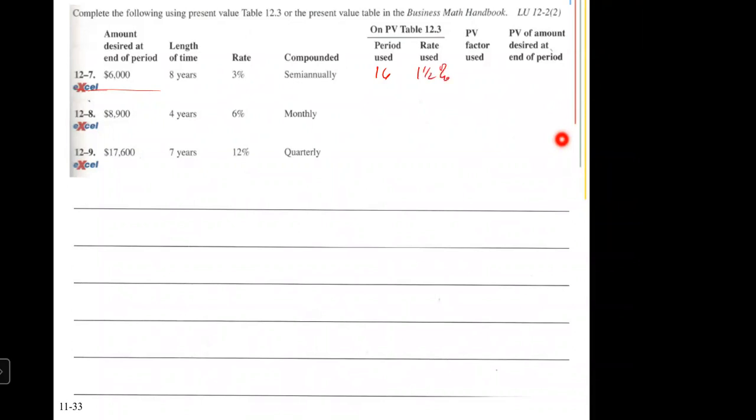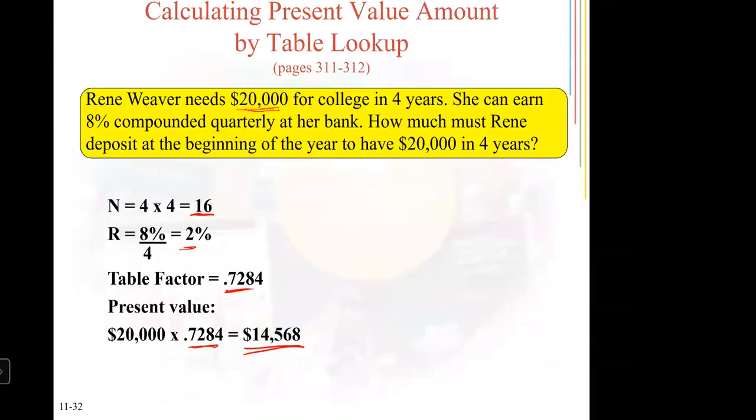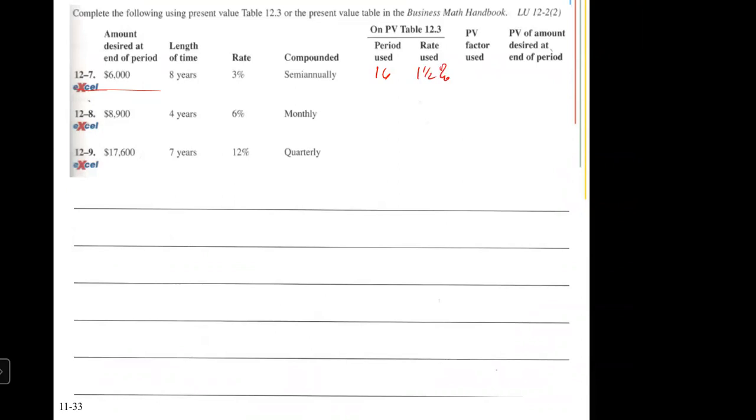All right. Now, my chart here doesn't go to 16. But in your book, anybody have the book to tell me, for 16 periods at 1.5%, this would be on page 311. What's the table factor?